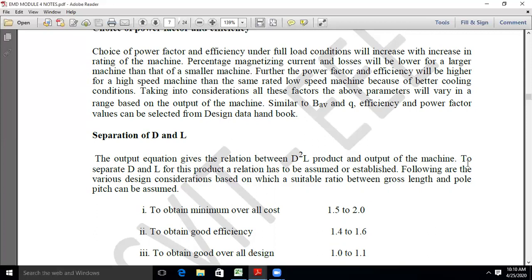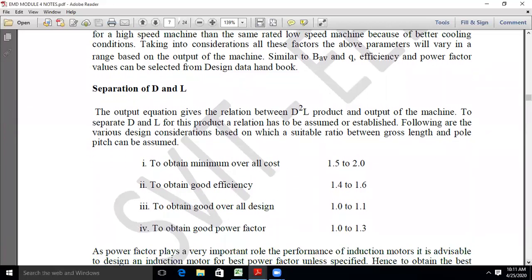To separate D and L from this product, a relation has to be assumed or established. The following are the various design considerations based on which a suitable ratio between gross length and pole pitch can be assumed. To obtain minimum overall cost, the ratio is 1.5 to 2.